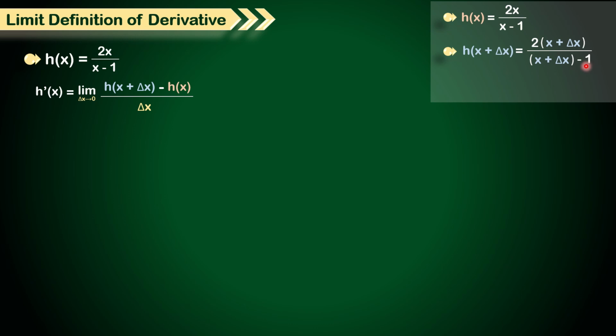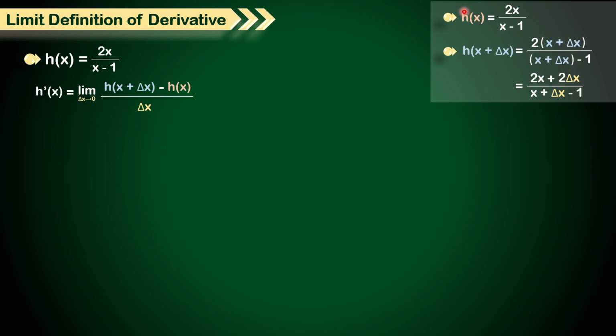In the numerator, distribute 2 to each term of x and Δx, and in the denominator, remove grouping symbols. We have 2x + 2Δx over x + Δx - 1.